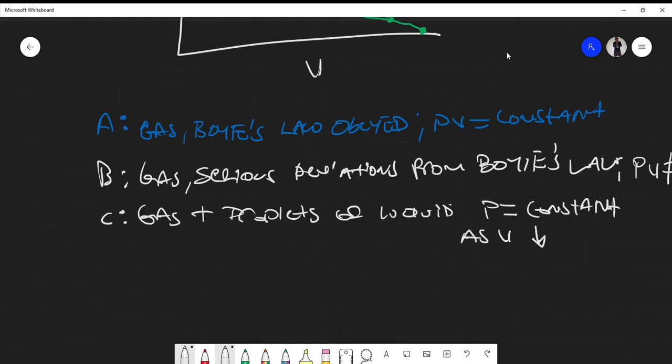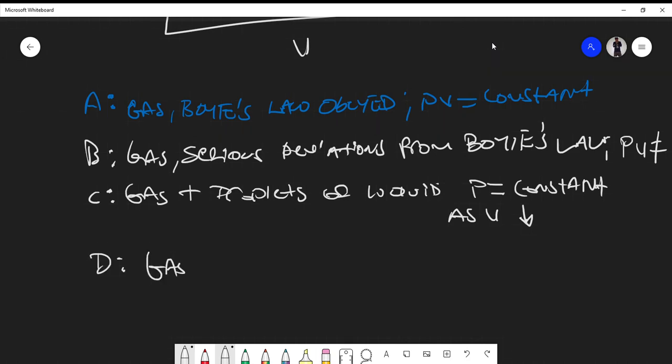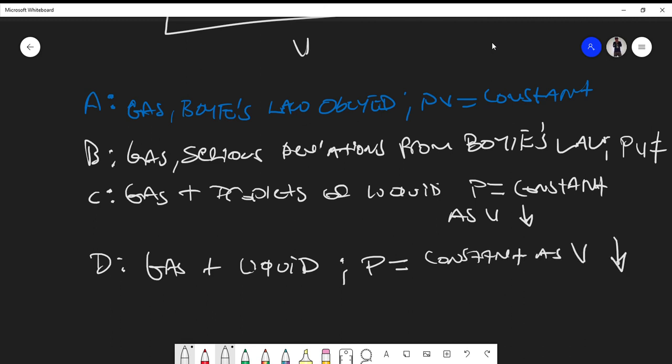So that would be point C on our curve. How about point D? Point D is where we'd have gas plus liquid. And in this case, P is still equal to a constant as V decreases.